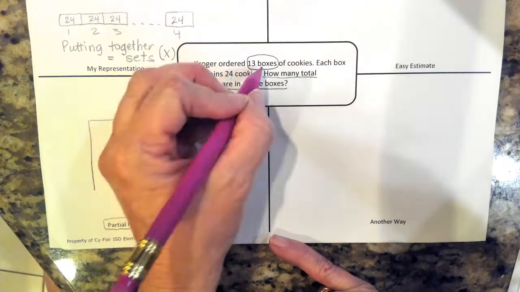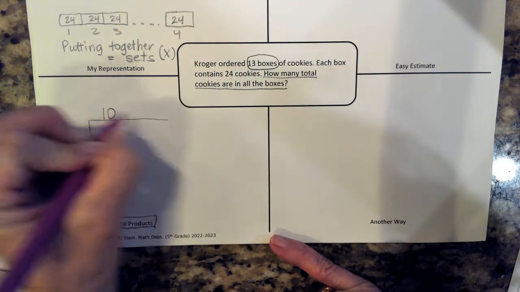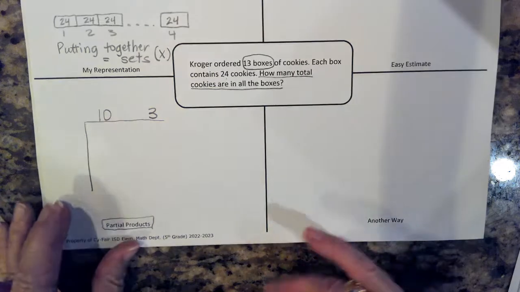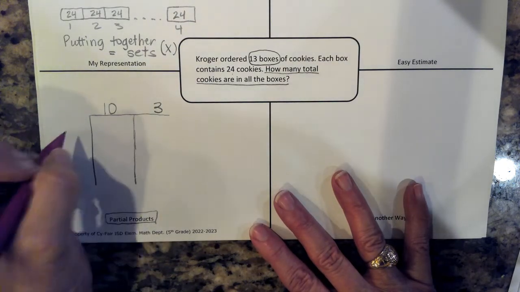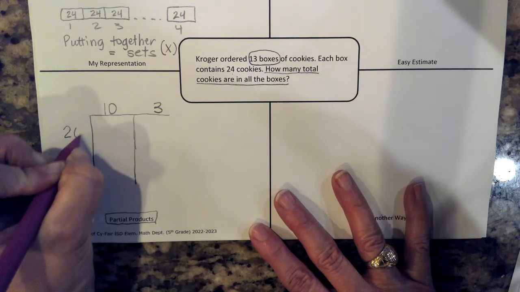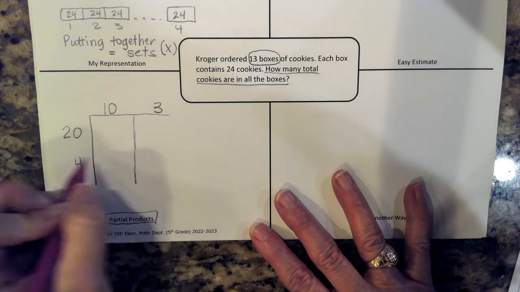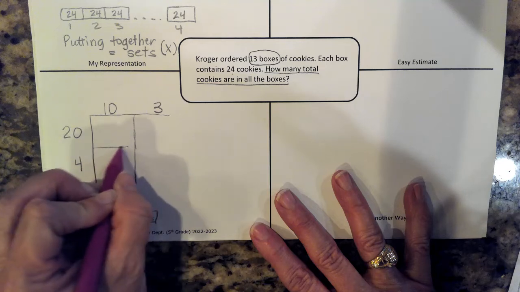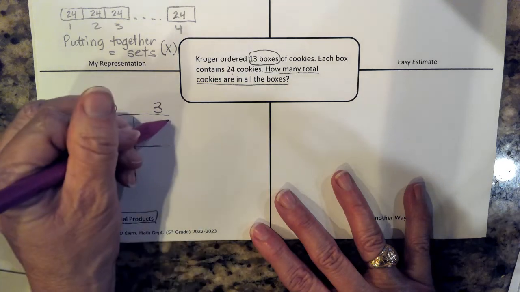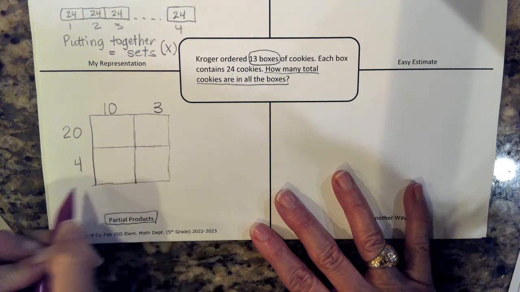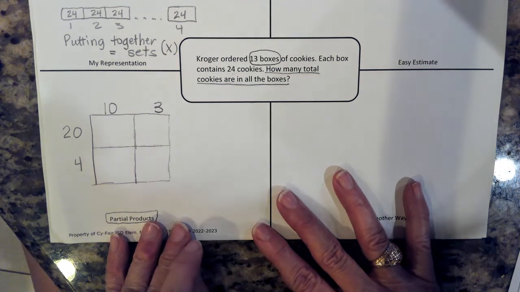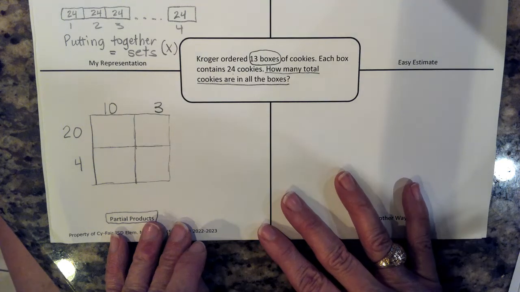When I think about 13, I think about 10 put together with 3. And when I think about 24, I think about 20 and 4. So I've just decomposed those. And if you remember from last year, we're going to multiply these to get partial products, and then we'll put those partial products together.